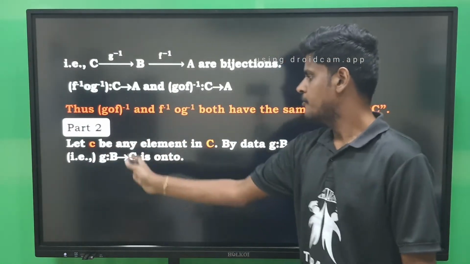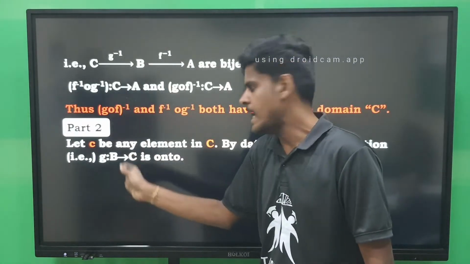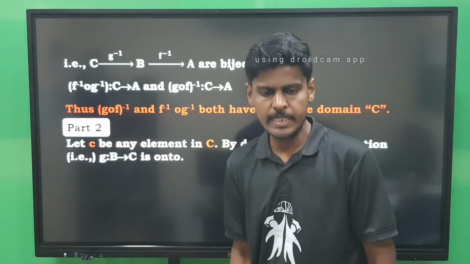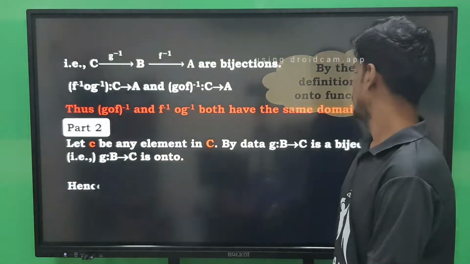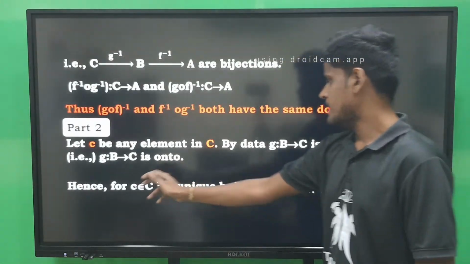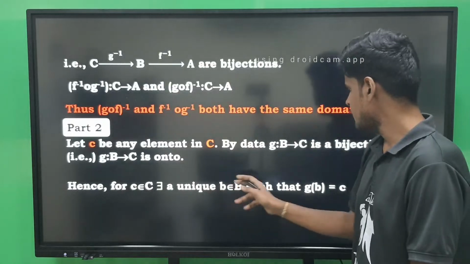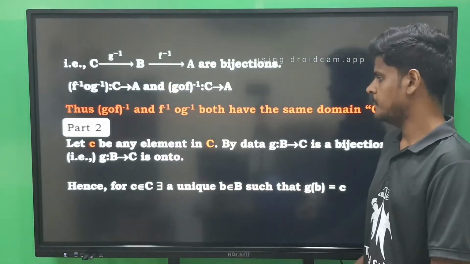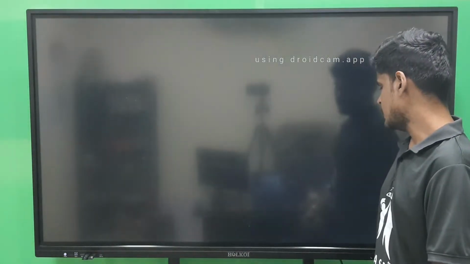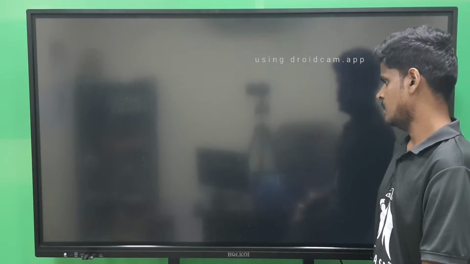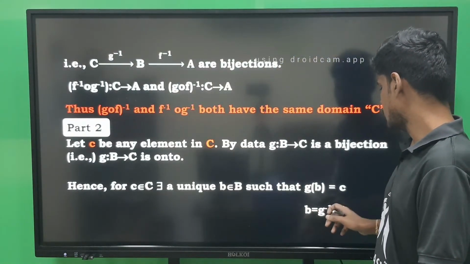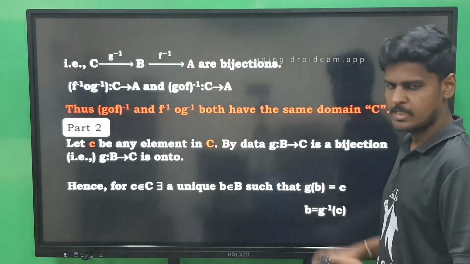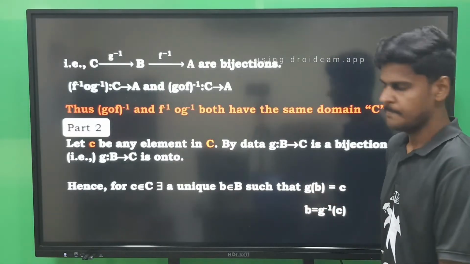So what it means is, for every element in set C there exists some element b in set B. So for every element in set C there is a unique b in set B. That is nothing but b equal to g⁻¹(c), or g(b) equal to c.